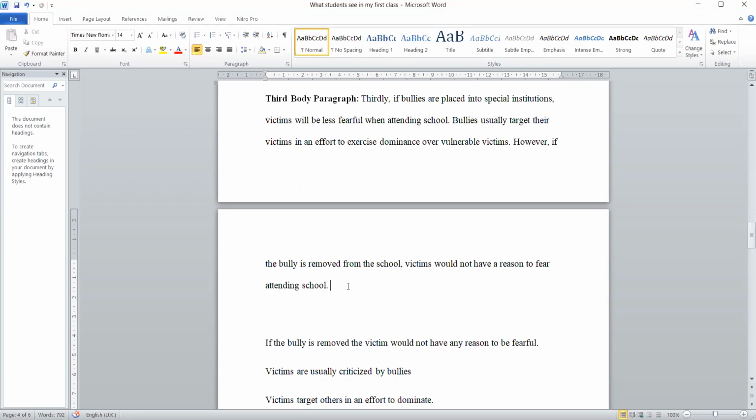Remember, we're trying to go with PEEL. So point, example, explanation, link. What device or technique does every persuasive essay need?